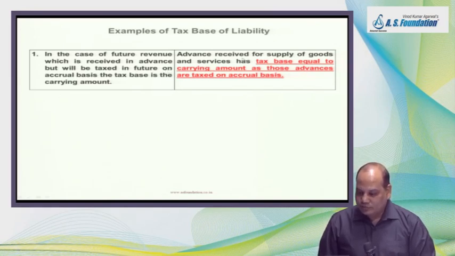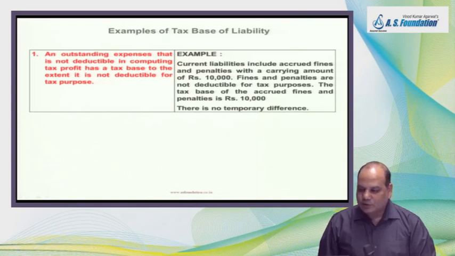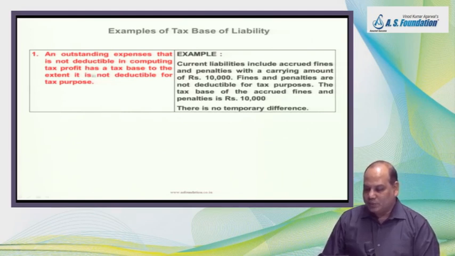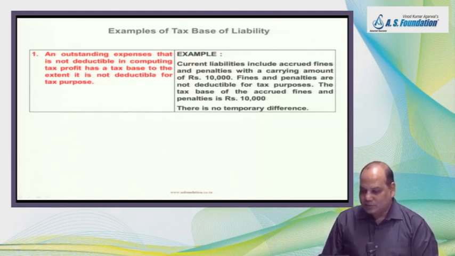Example. Advance received for supply of goods and service has tax base equal to carrying amount as those advances are taxed on accrual basis. Another example of liability, an outstanding expense that is not deductible in computing tax profit has a tax base to the extent it is not deductible for tax purpose.